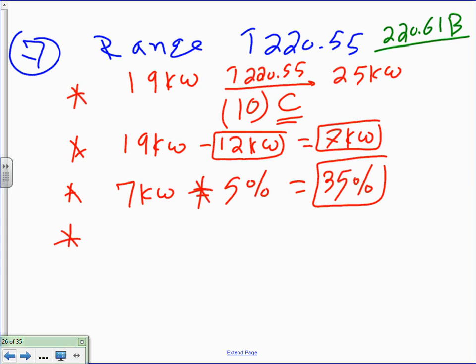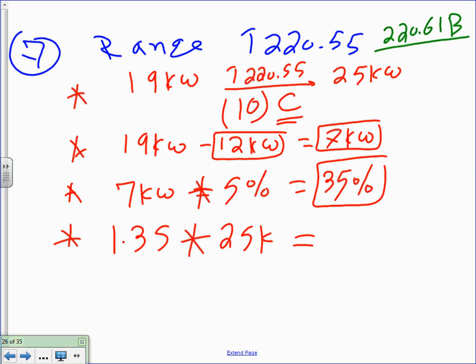Just subtract them. Then the last step is the most important one. You take 1.35 and multiply it against that 25 kW that you have, and that will be the demand load for the whole step.